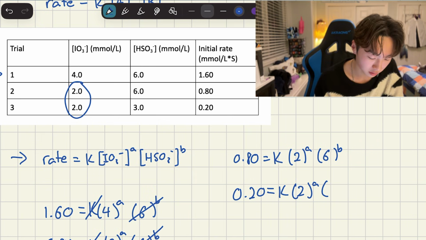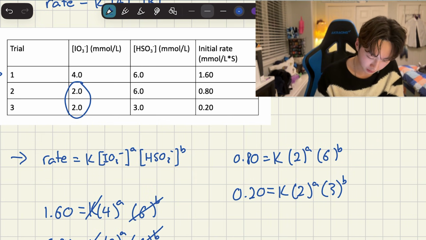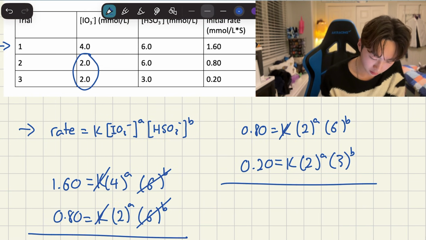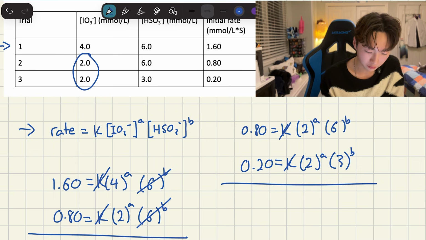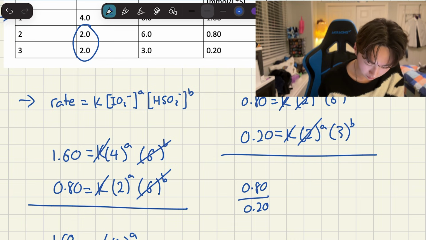And this time the concentration of HSO3 minus is 3 to the power of B. Okay, let's divide them. We know that K cancels, and this time the concentration of IO3 minus will cancel because they're the same. And now we have 0.80 over 0.20 is equal to 6 over 3 to the power of B.